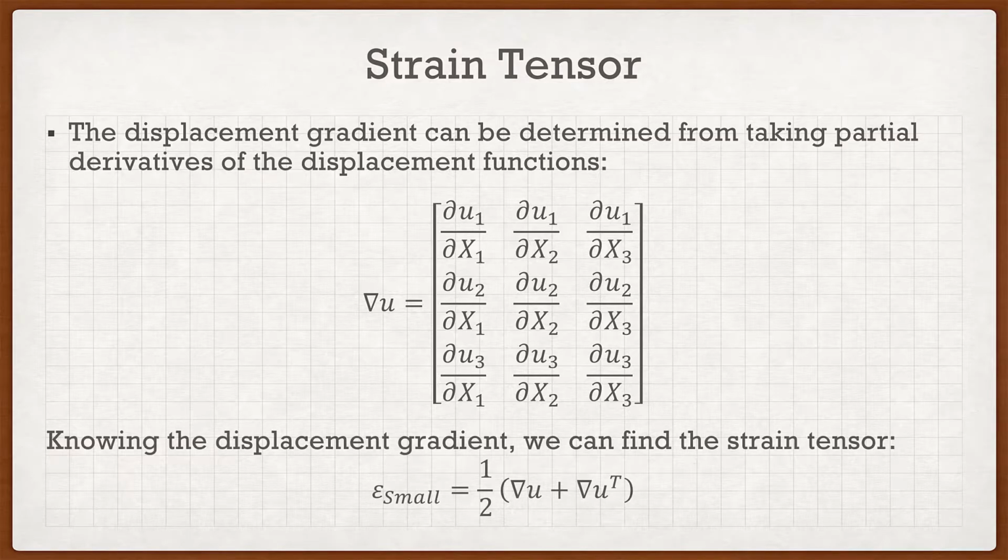And the formula is very nice: the small strain tensor is simply 1/2 multiplied by the gradient of u plus the transpose of the gradient of u. So all we need to do to find the strain tensor is have that displacement gradient, which we can solve for above.